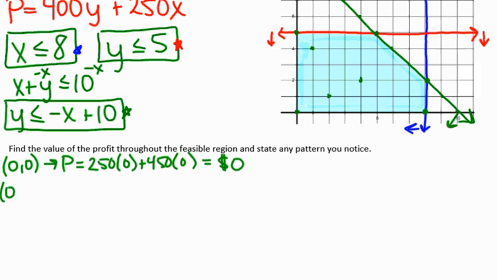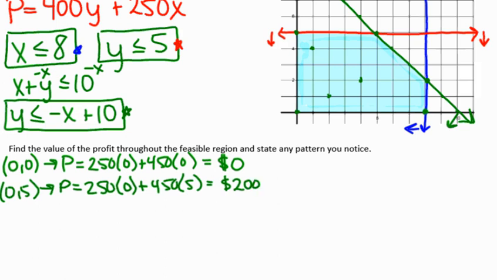So if I don't do any cars and I paint 5 trucks, 250 times 0 plus 450 times 5 gives me a profit of, let's see, $2,000. What other point did we pick? We picked 1 and 4. So 1 car and 4 trucks would make me a profit of $1,050.